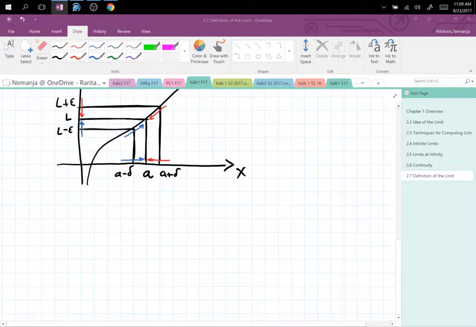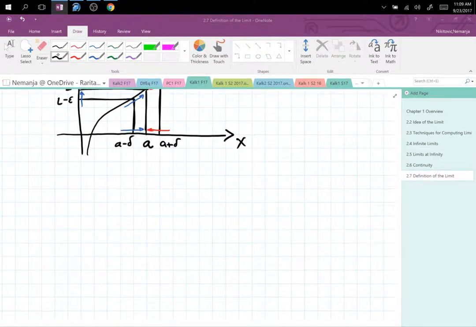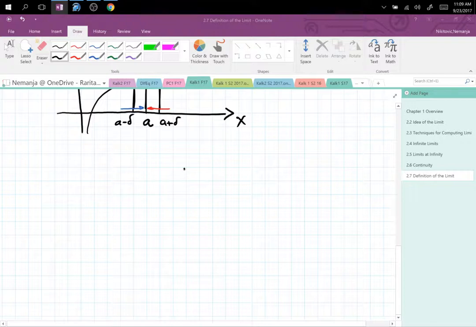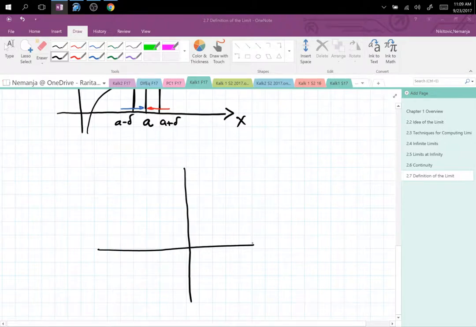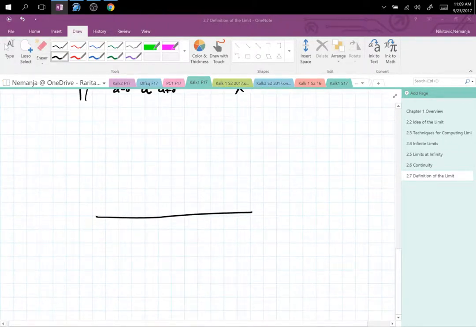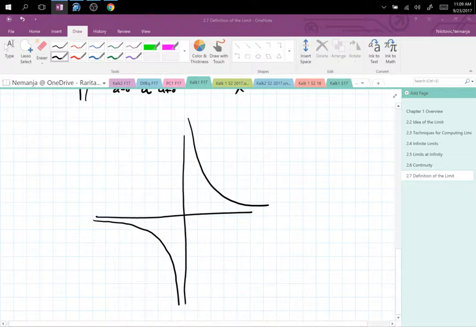And we have one more graph like this which outlines the does not exist situation. We are going to use our good old friend 1 over x. And we're going to test 0.